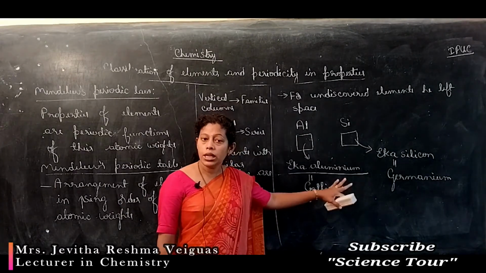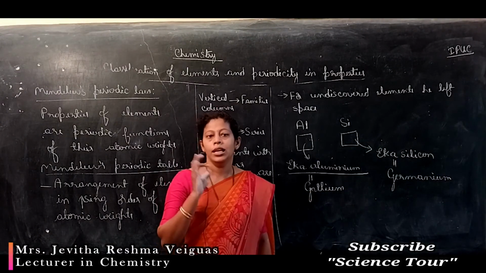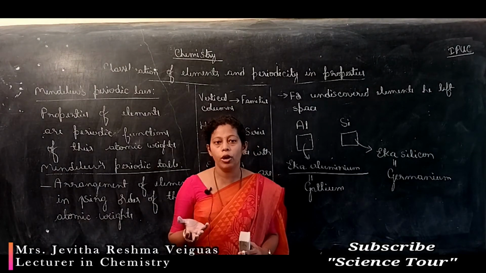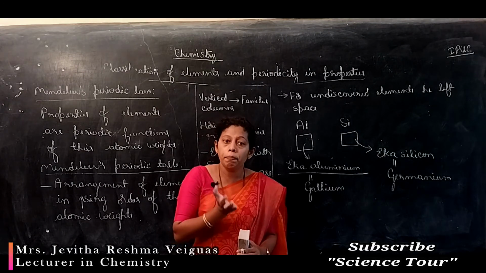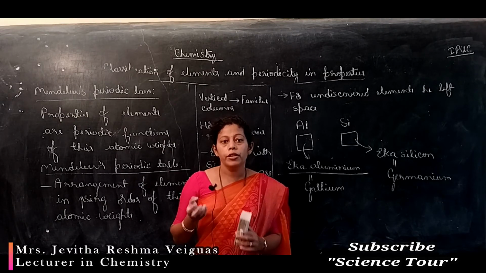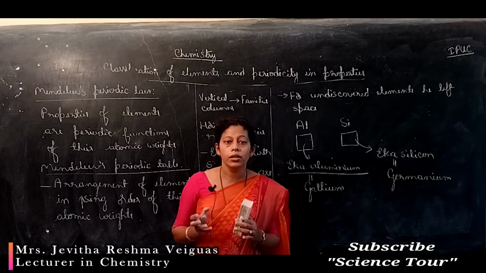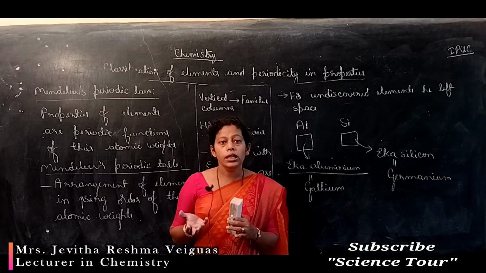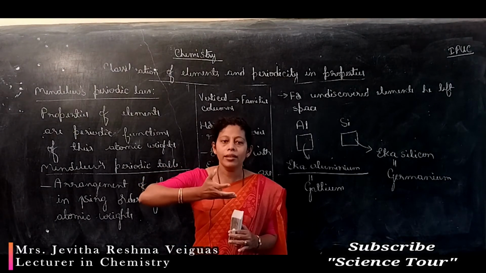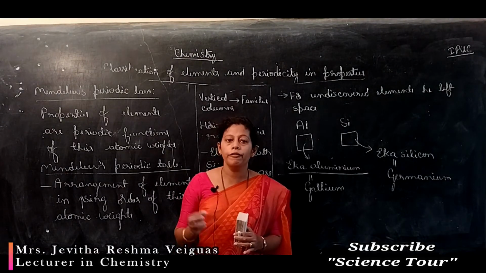Mendeleev's periodic table is purely based on increasing order of atomic weights, but still he placed some elements with higher atomic weights first, thinking that there may be some error in the measurement of their atomic weights.